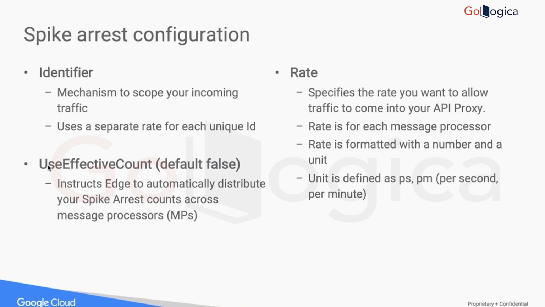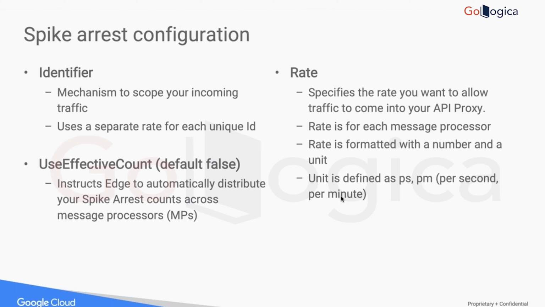But use effective count is possible only when you are defining the limit on the per minute level. It will not work on the per second level, because it has to maintain a centralized counter across the MPs, and centralized counters cannot be maintained on the per second level. A centralized counter is maintained at the minute level.